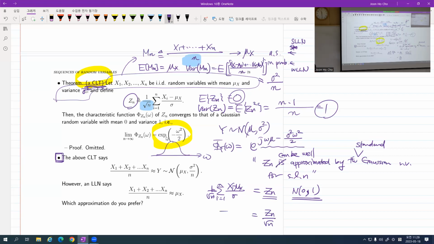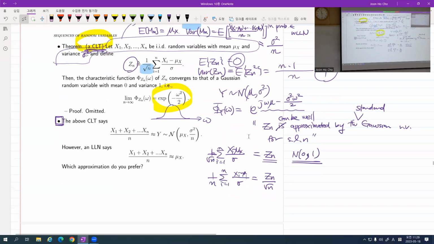Then you have 1 over n, sum of x sub i minus mu, right? Now, what happens if you multiply sigma? Sigma z sub n over square root n. That is 1 over n sum from i equals 1 to n of x sub i minus mu, right? And the denominator becomes 1.